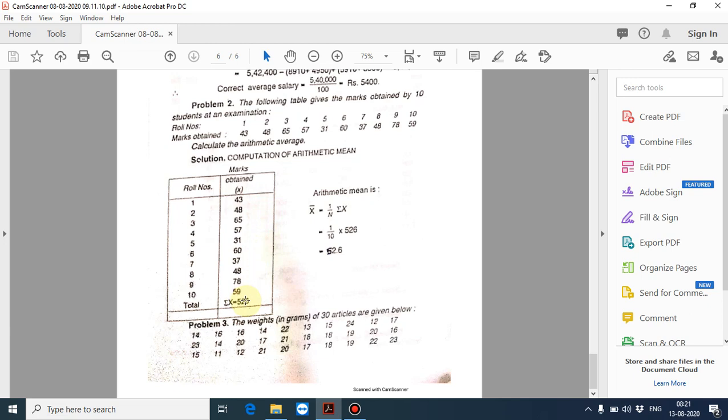For the arithmetic mean, x bar is equal to summation x by n, or you can write it as 1 by n into summation x. Both are equal. Summation x is 526 divided by n, where n is equal to 10. So 526 divided by 10 is equal to 52.6.